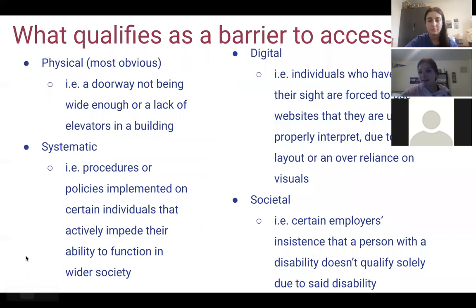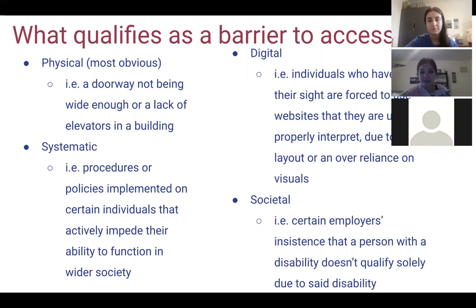Now let's talk about some barriers to access just to familiarize ourselves with them. We talked about physical, systematic, digital, and societal barriers. Physical barriers are obviously the ones we can see, they're visible right in front of us: a doorway not being wide enough to fit a wheelchair, a lack of elevators in a building.